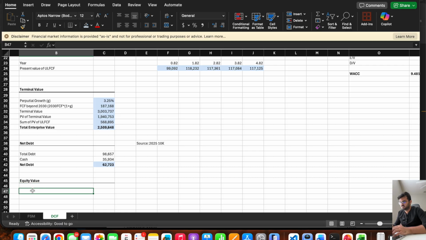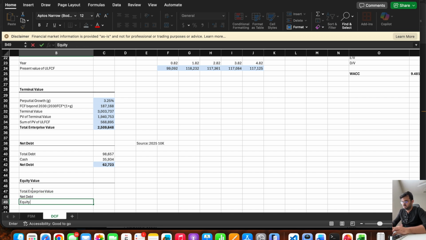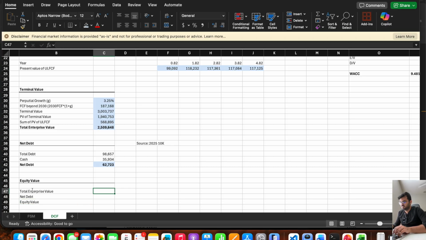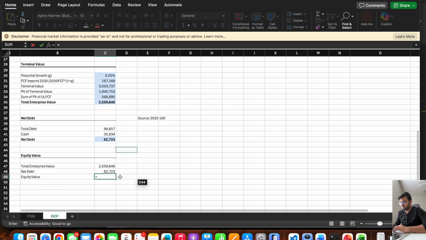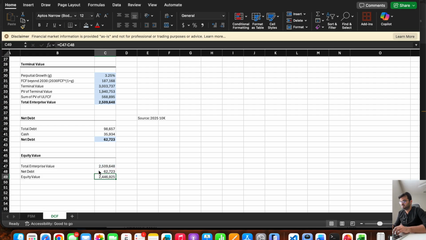So total enterprise value, net debt, and then equity value is this number and then this number. Now it is just summing up these two guys. So we finally got this number.